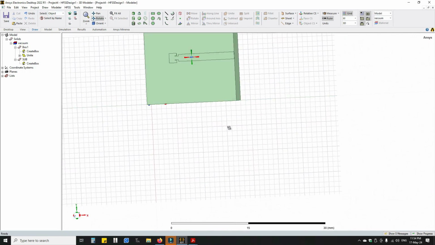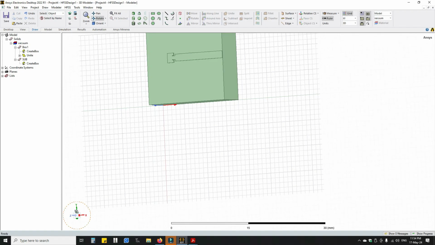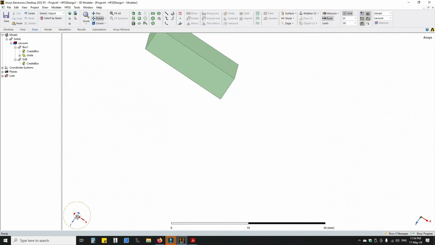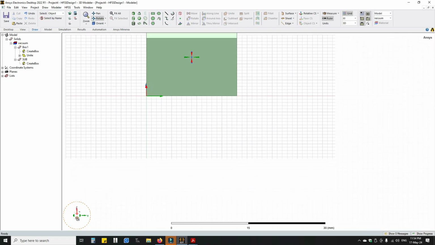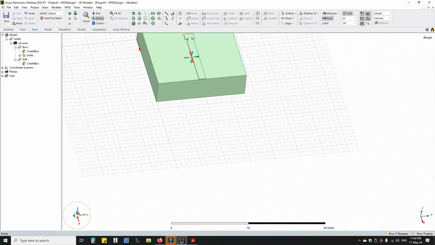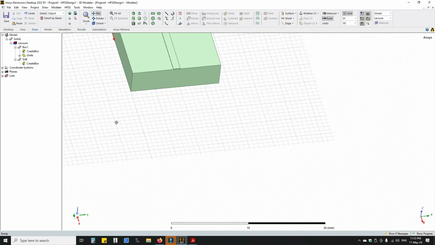If you have knowledge of how to design an antenna, it is very easy for you to do parametric analysis, so that minute changes can change the bandwidth and the physical parameters of an antenna.